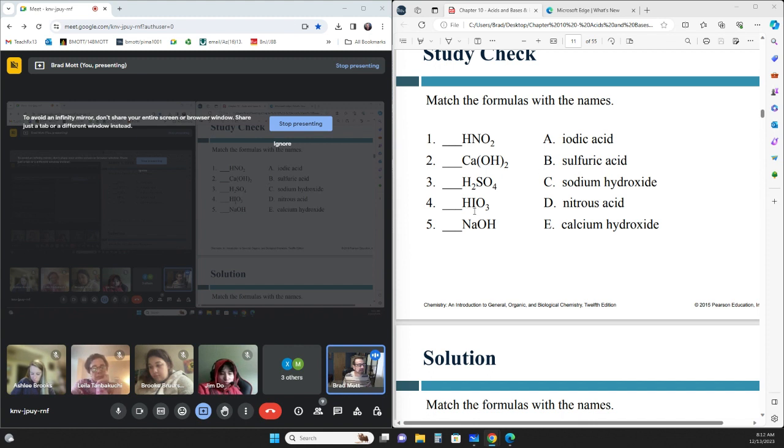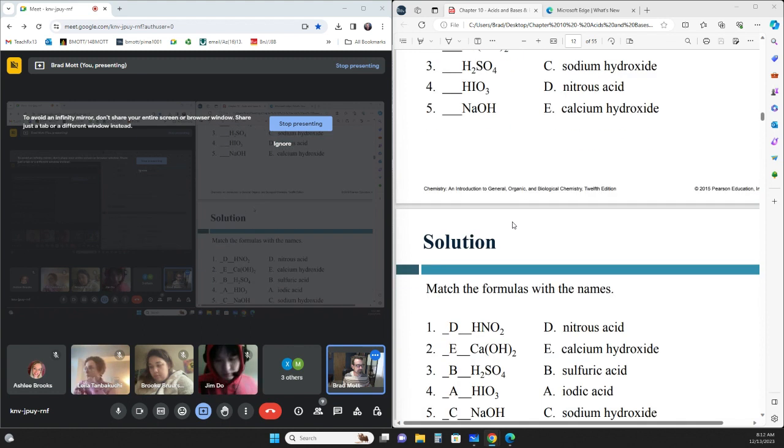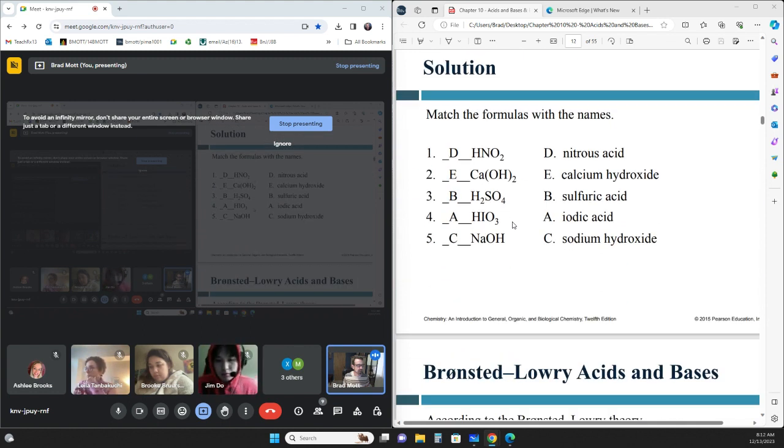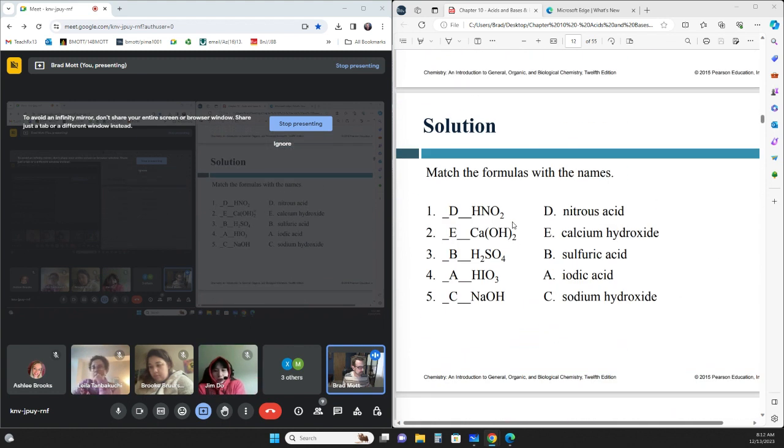Okay, an iodine here, iodic acid. You can see how I kind of pick through these things. And sodium hydroxide, of course, that one. Hydrochloric acid, sodium hydroxide will show up pretty easily.